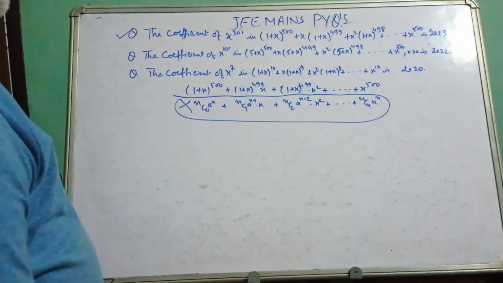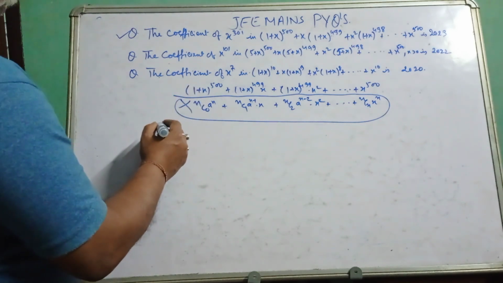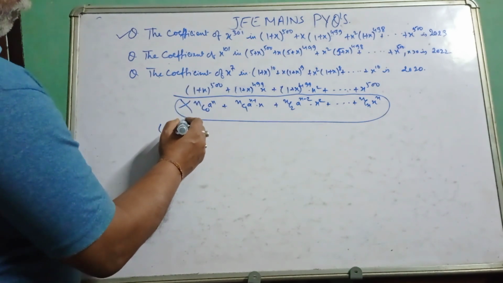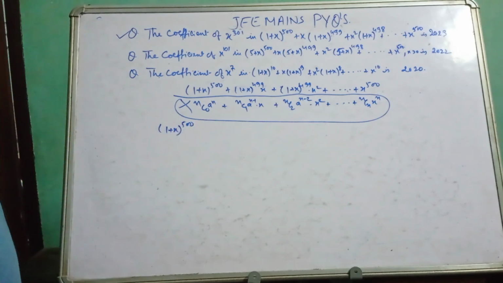So here, what I am going to do is take 1 plus x to the power of 500 common.